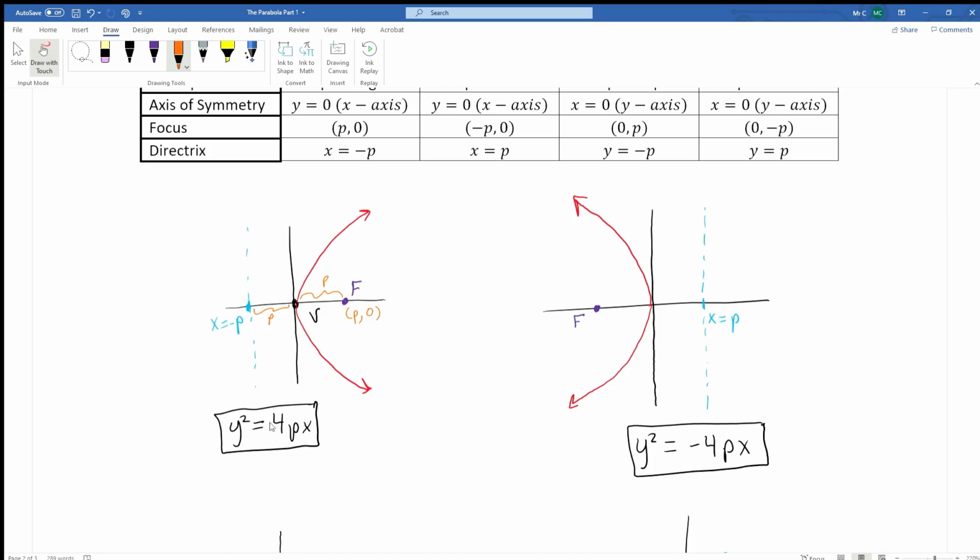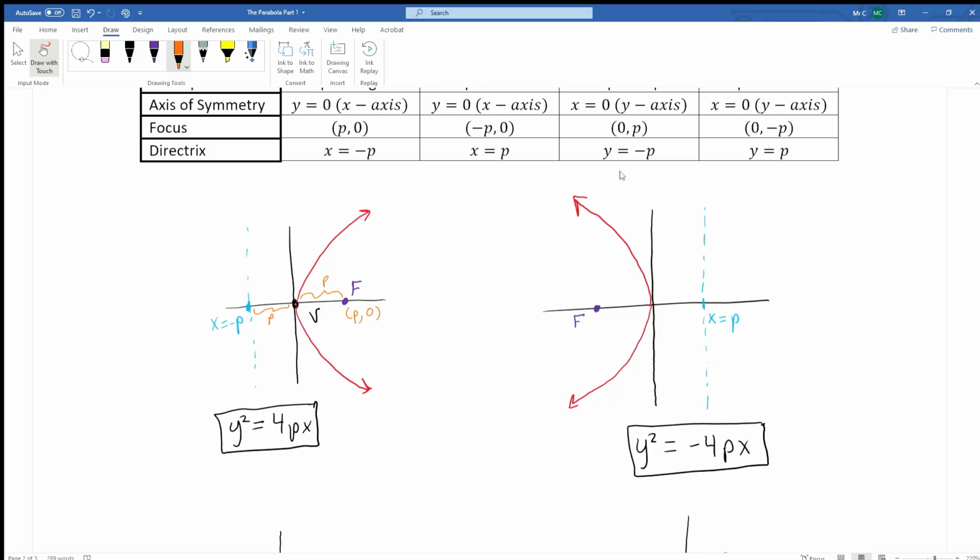That gives us y squared equals 4px. So whenever we have an equation that's facing right or left, it's going to be a y squared type equation. Now, when our equation is facing right, we're going to have just a positive term in front of our 4. That's just positive 4px.